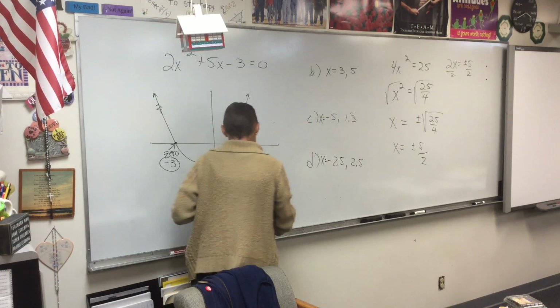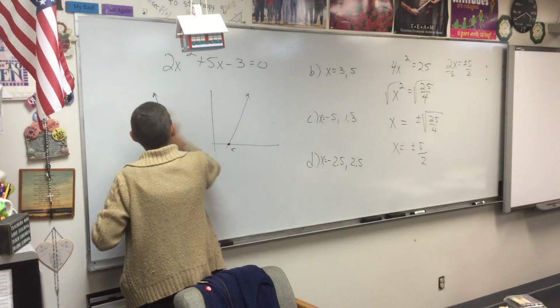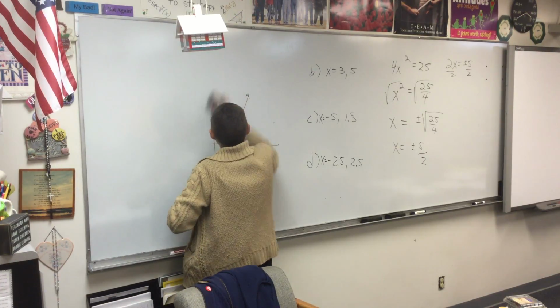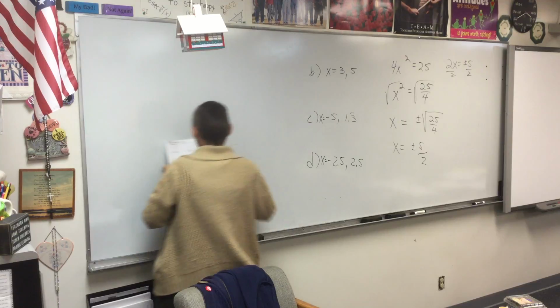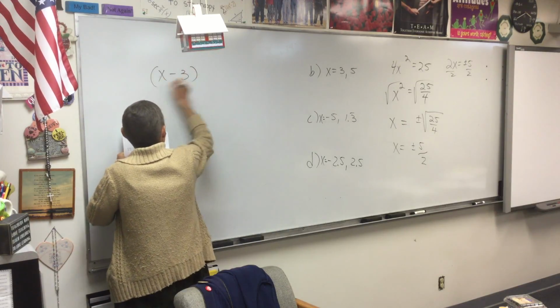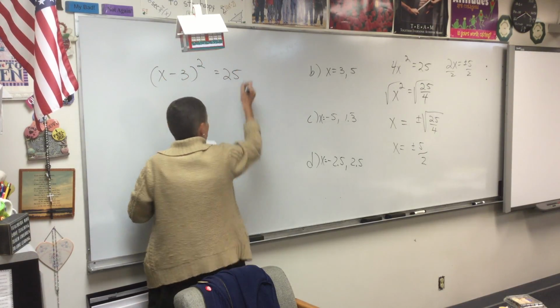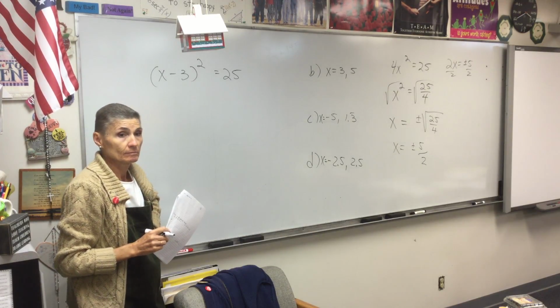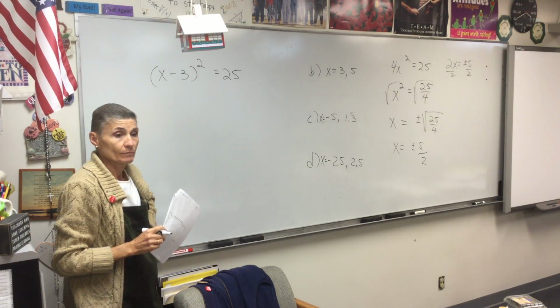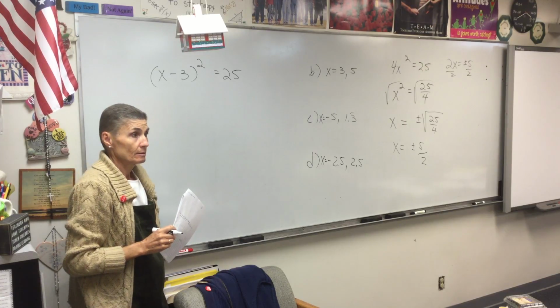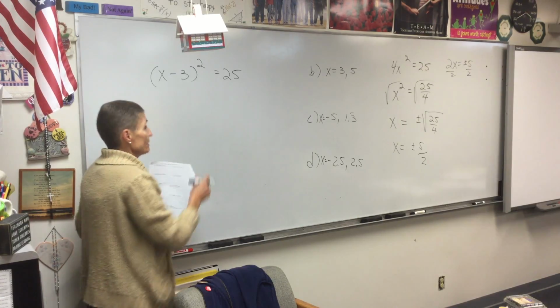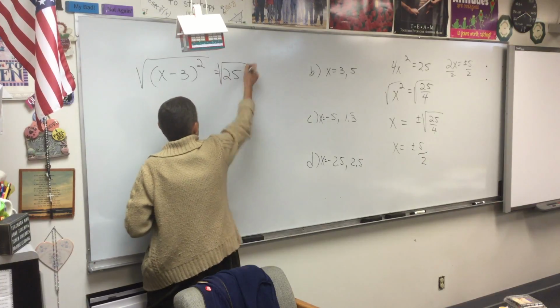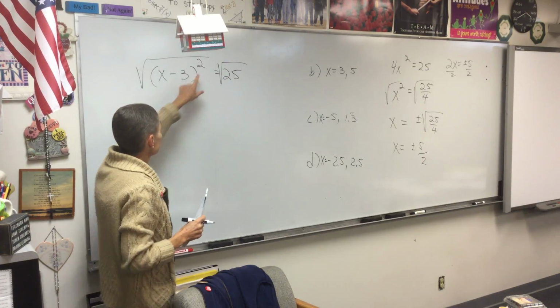All right, let's look at B. A little bit more complicated problem, but it's exactly the same strategy. x minus 3 squared equals 25. Okay? What happens when I take the square root of something squared?